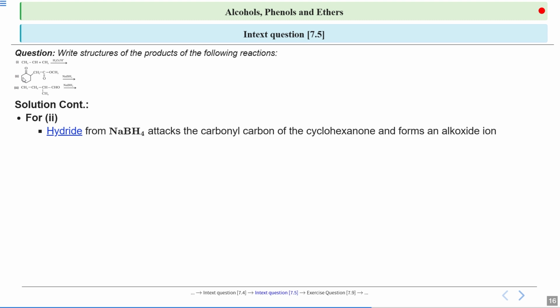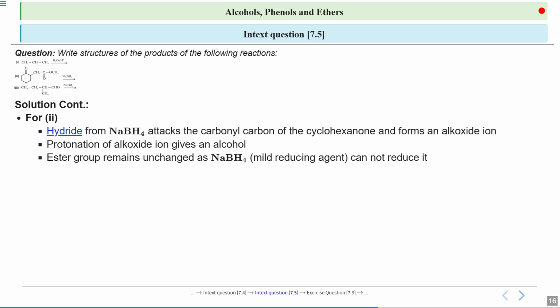This is a cyclic compound in which a carbonyl group is attached. So when the hydride from NaBH4 attacks this carbonyl carbon of cyclohexanone, it will form an alkoxide ion. And then there will be protonation of this alkoxide ion and it will give you an alcohol.